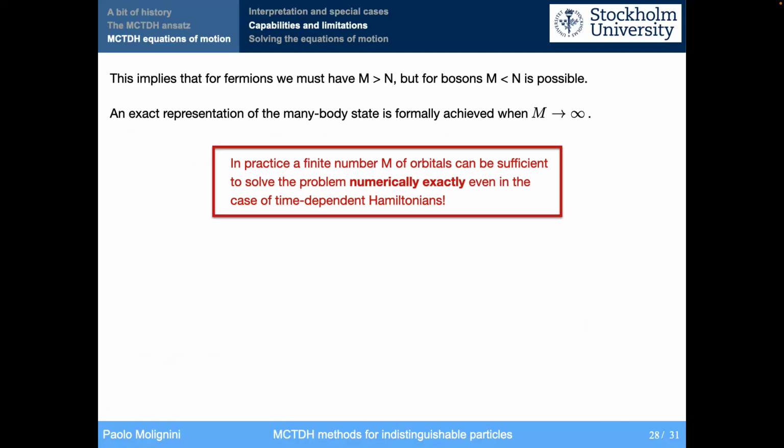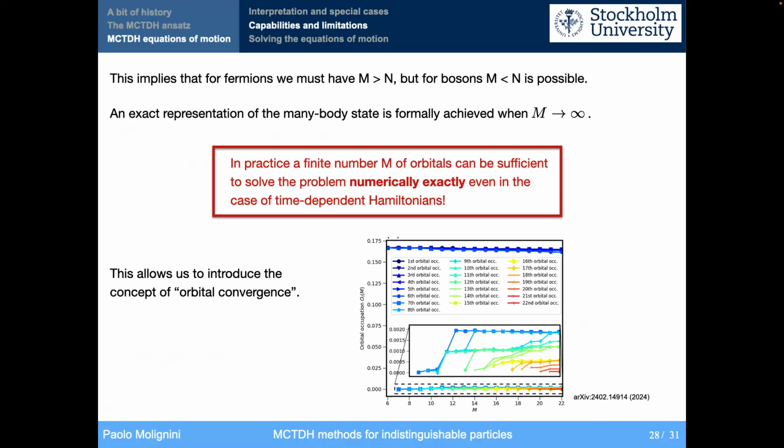So then a finite number of orbitals is enough to get accuracy up to, I don't know, 12 decimal places, for instance. And then you can say that it's numerically exact. And this is, of course, also true for time-dependent Hamiltonians, and the harmonic interacting model can also be time-dependent.